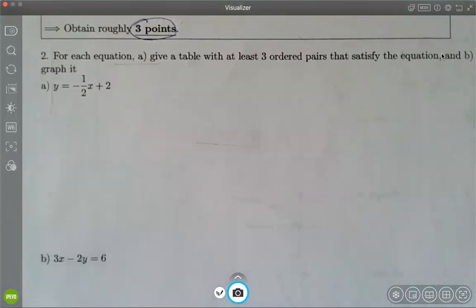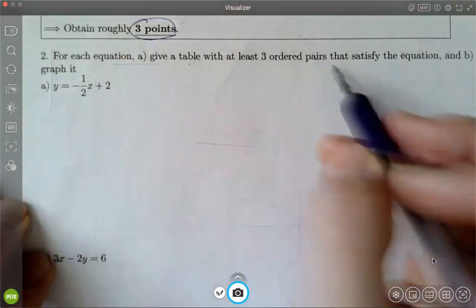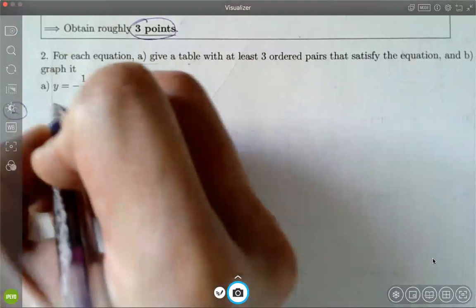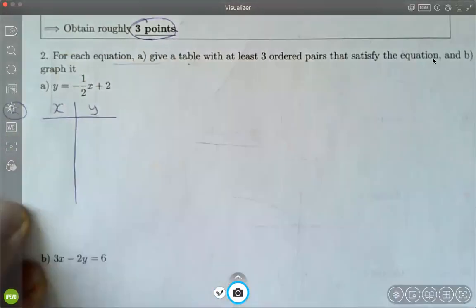Here the equation is negative 1/2 x plus 2 is equal to y. The table with at least 3 ordered pairs simply means, have you seen the table with these 2 columns, x and y?